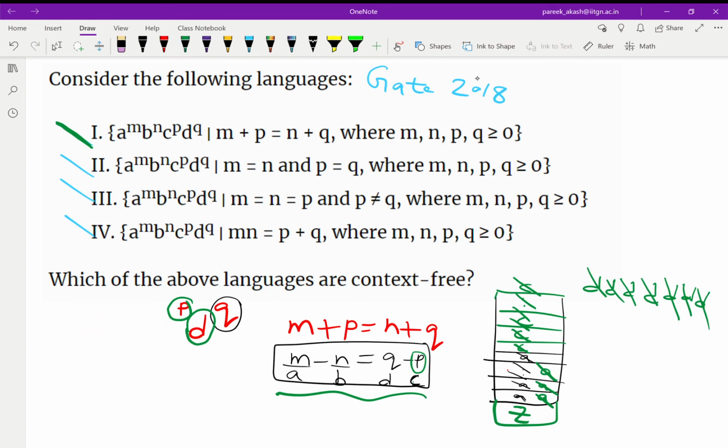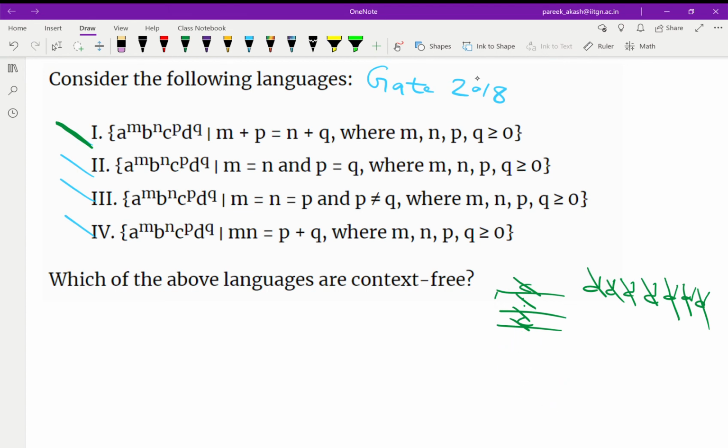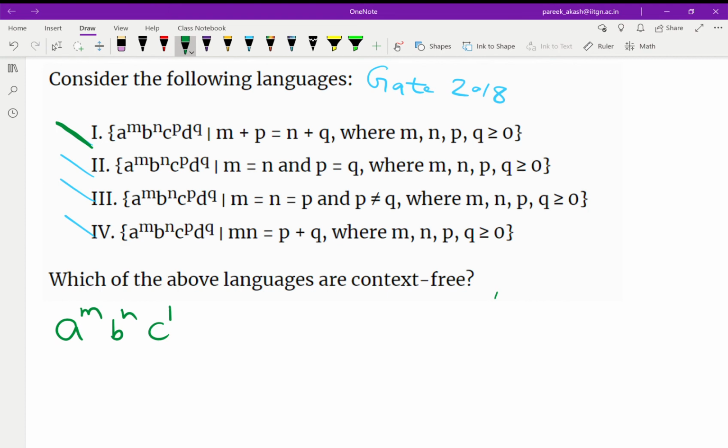And the second, question number 2, is very easy. We've already seen an example, a to the power n, b to the power n. It is just the extension of a to the power n, b to the power n. So in this we have a^m b^n c^p d^q, and we have to say that m equals n and p equals q.